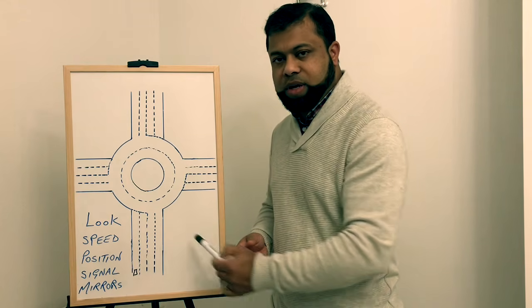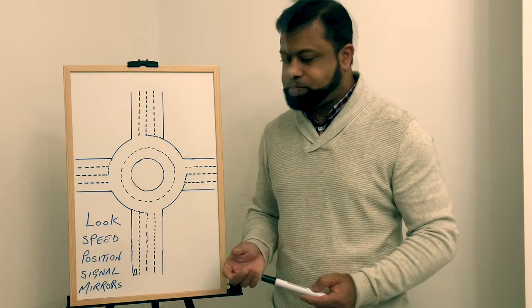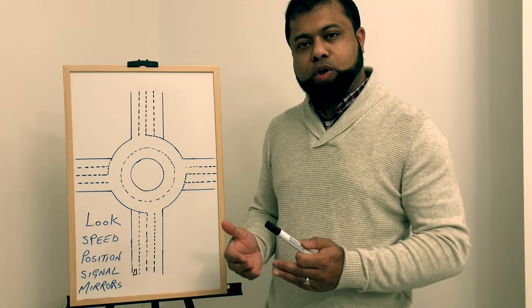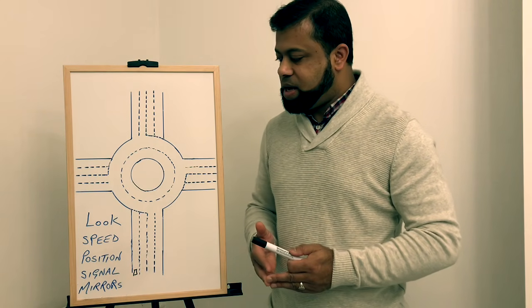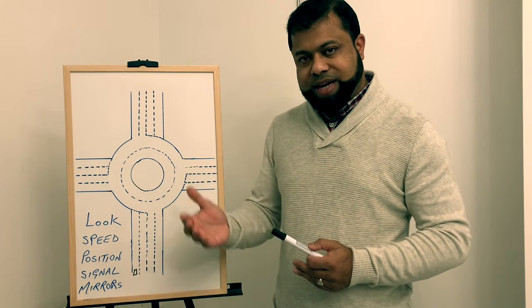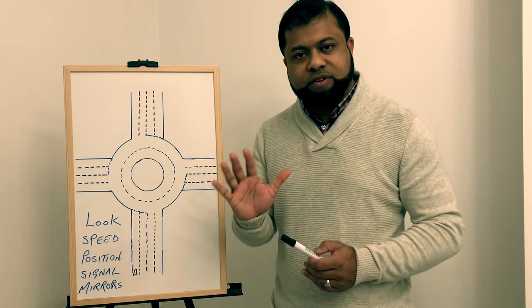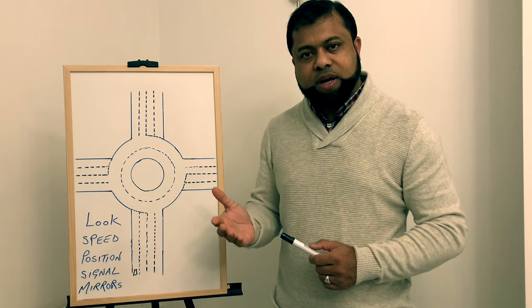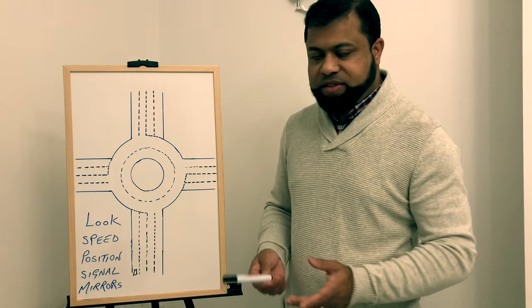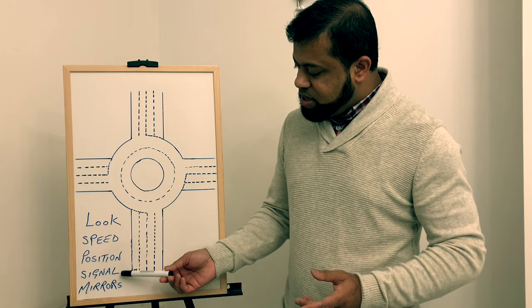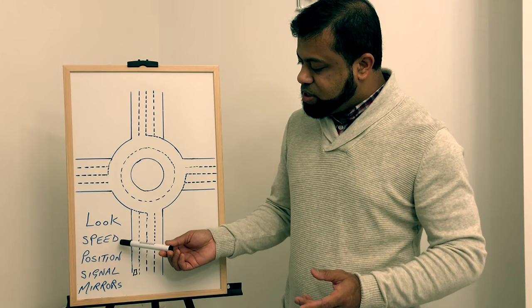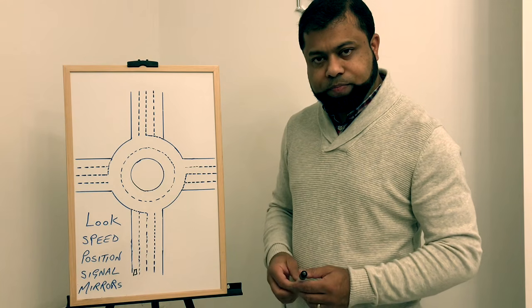After 12 o'clock is known as right. Now let's talk about how we go into these exits. For you to go into these exits, you need to memorize 5 things. And what are the 5 things? These 5 things are mirrors, signal, position, speed, and look.